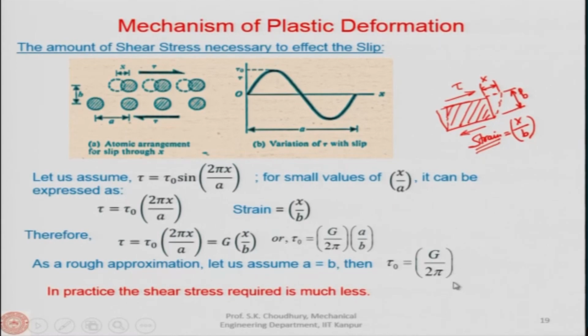This is obvious. So, in practice, if we had to apply this much shear stress, then the machine would have to be very powerful, and it might not have been possible for us to create such a machine to generate so much stress. What does stress mean? Force by area is the stress.